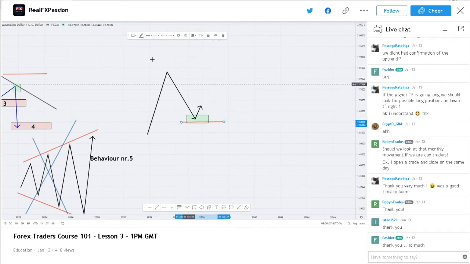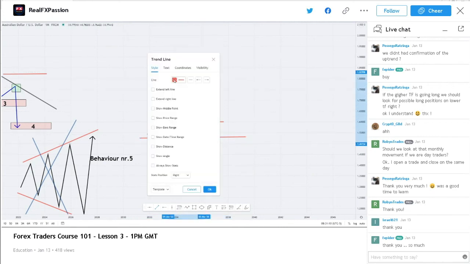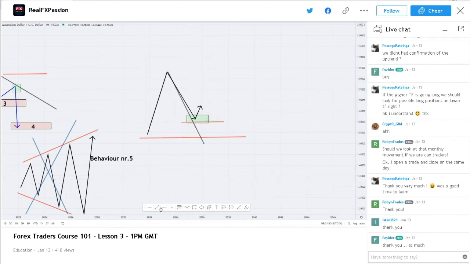One is going to be here, and the other one is going to be down here. And what chaos does, everybody, is make a lower low, so the market is going to stop me out.